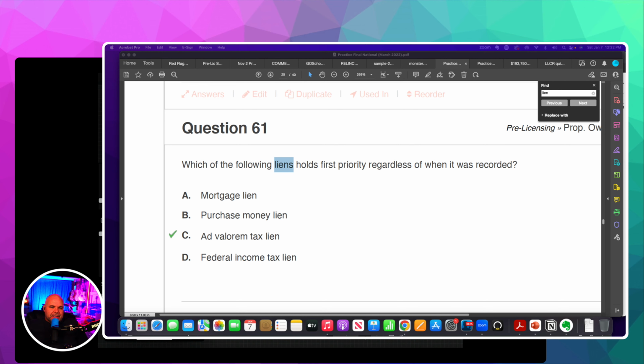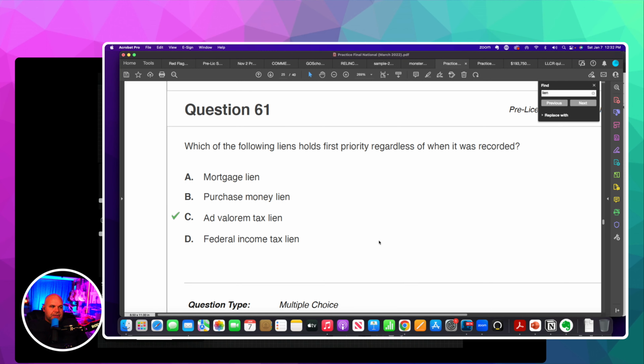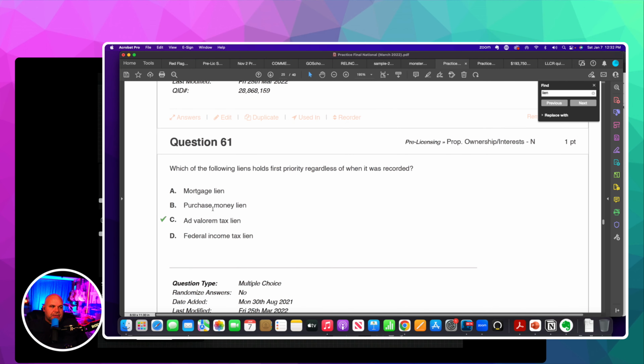Right. Ad valorem is Latin for at value, at the property's value, meaning at the assessed value that they've given as tax value. So at value tax, property, real estate tax lien, always number 1. Good likelihood you'll see some kind of a question testing you on that.